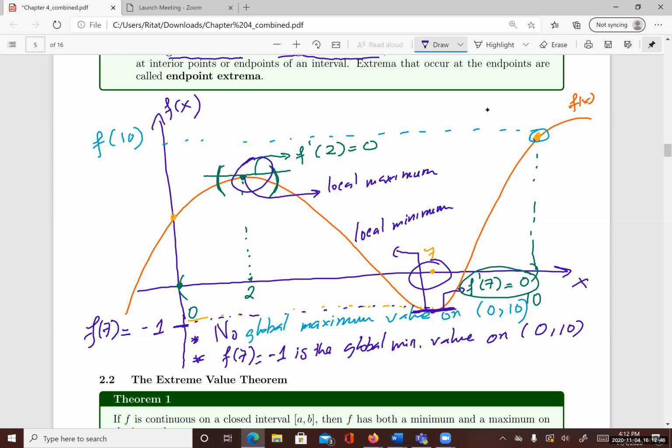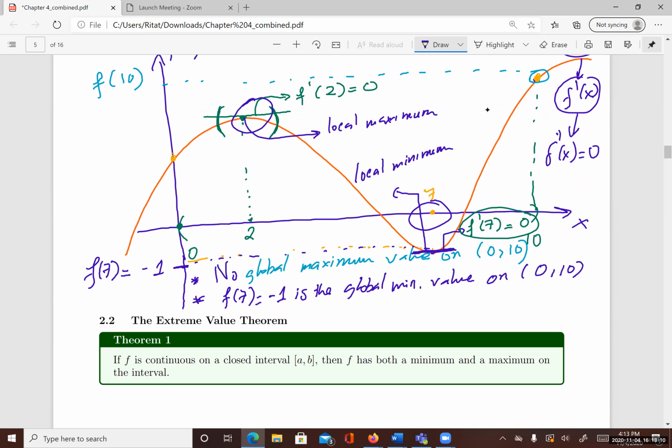So if we know the function f of x, we can find the derivative f prime of x for sure, right? And then in order to find all of these special points where extrema can occur, you set f prime of x equal to 0. All right.